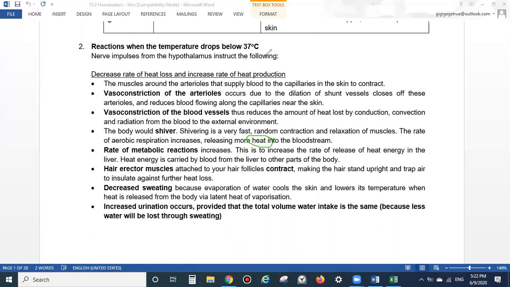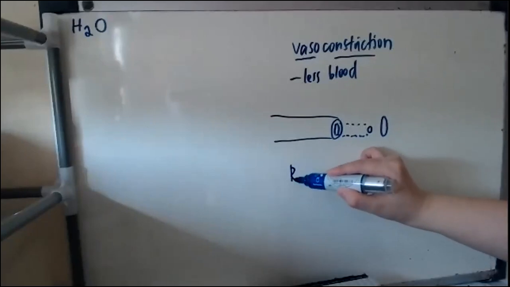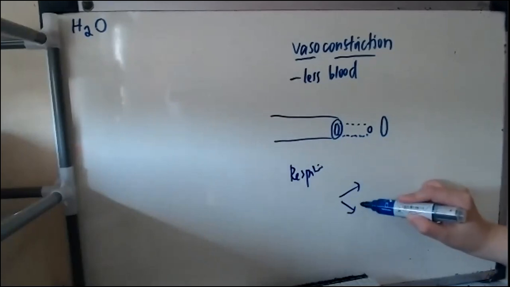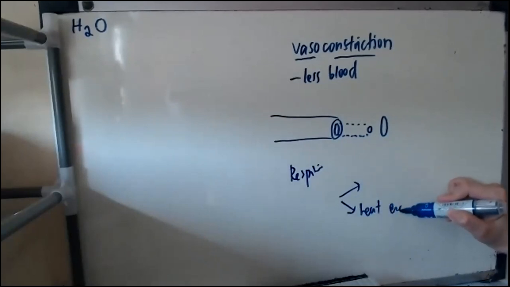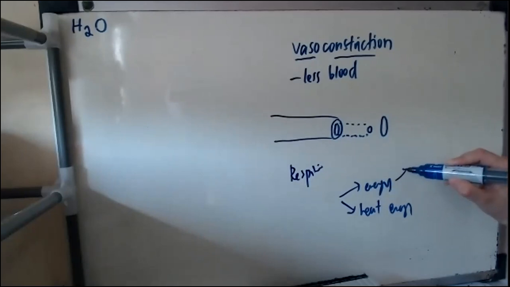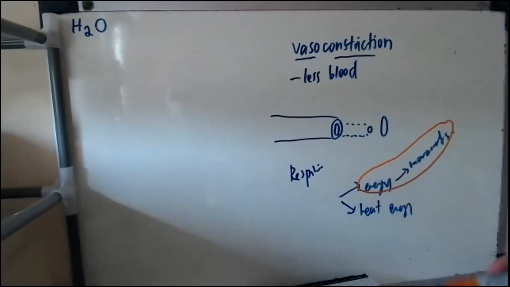You can imagine it as something like this. When you respire, there are two types of energy being released: heat energy, and also a type of energy that you use for movement and to do activities. Most of the time when you are exercising, you want this energy so you can move around, but you become very hot.